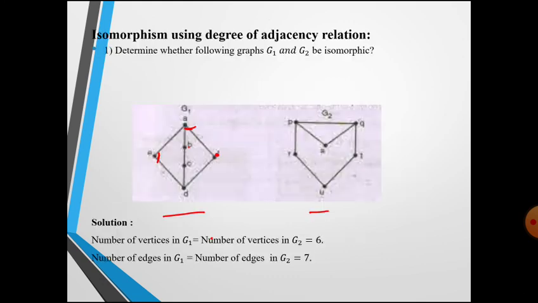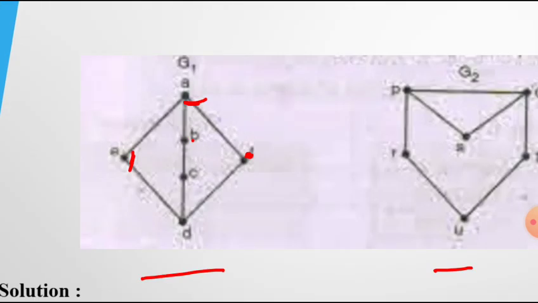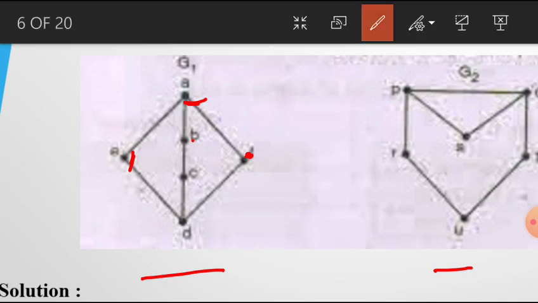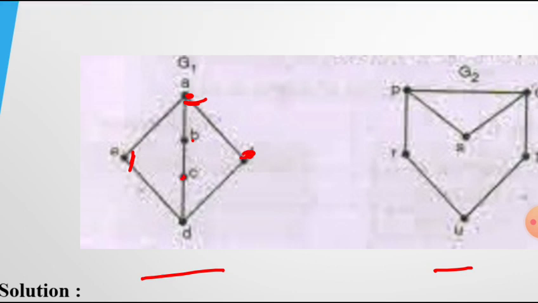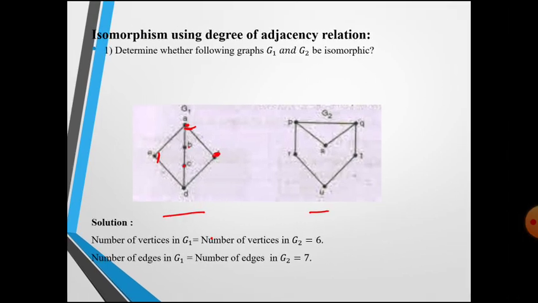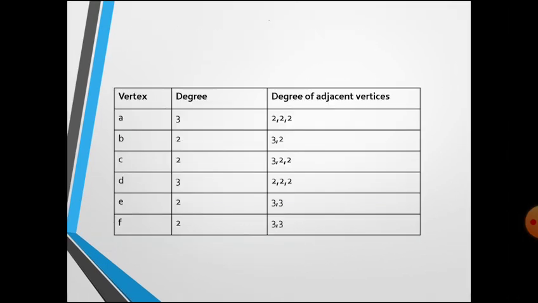Similarly, B is of degree 2, and its adjacent vertex degrees are A 3, 2, 2. Then we summarize in the table the degree of B and its adjacency vertex degrees.